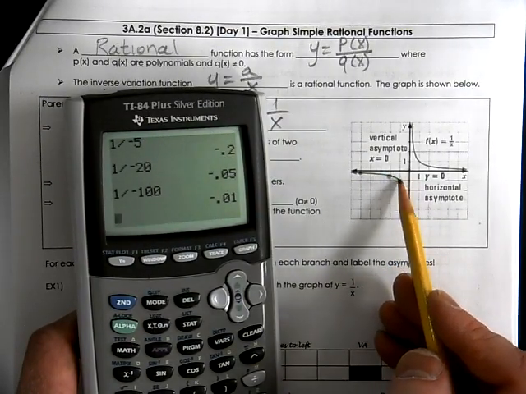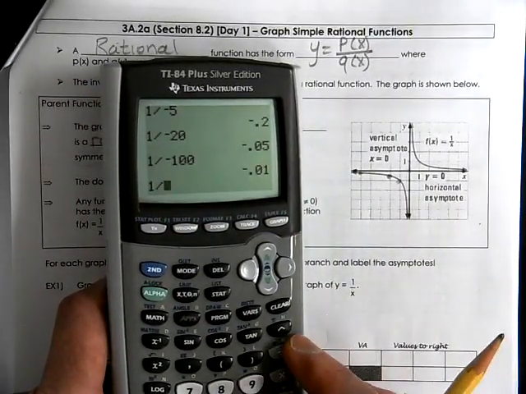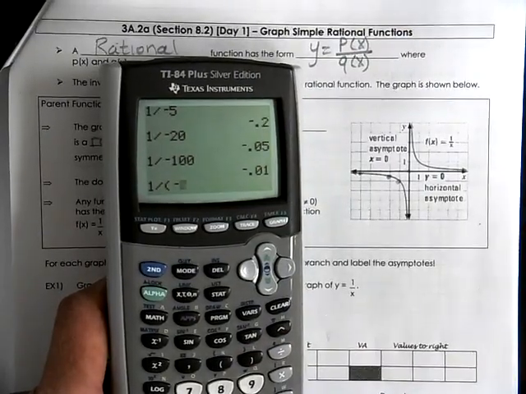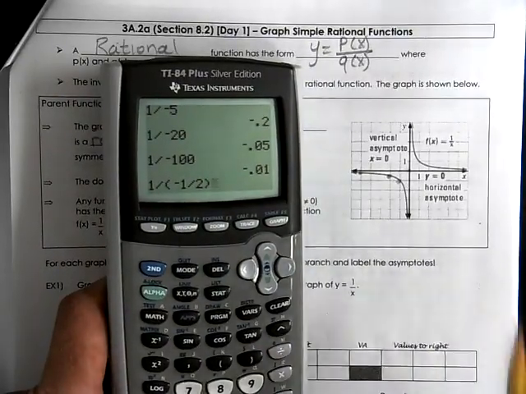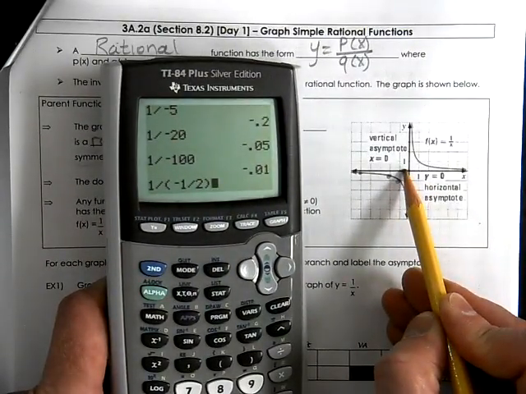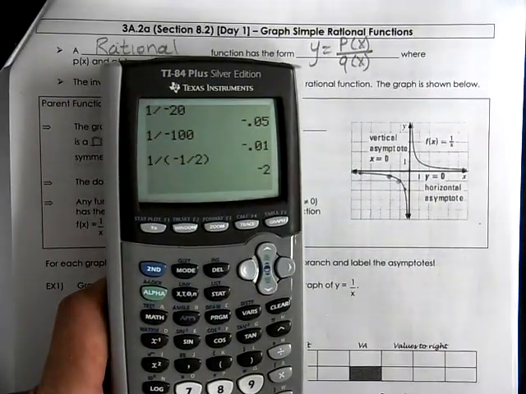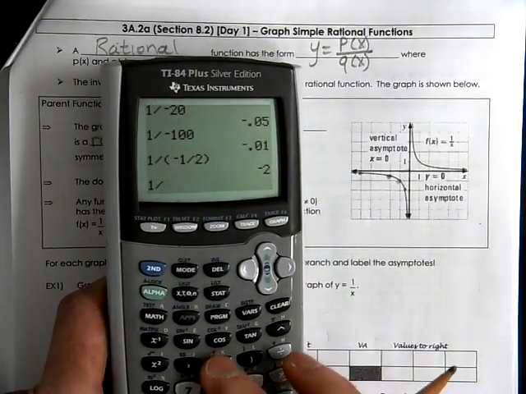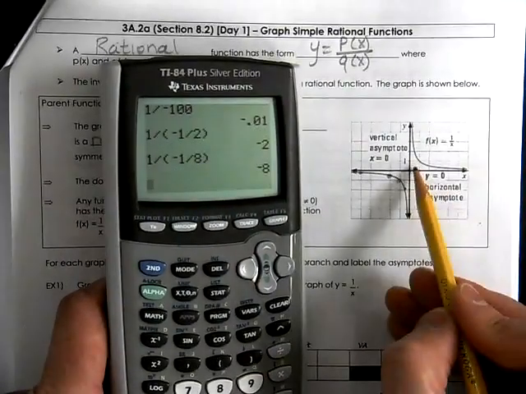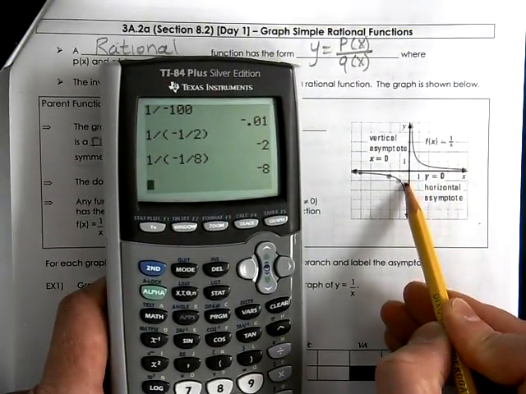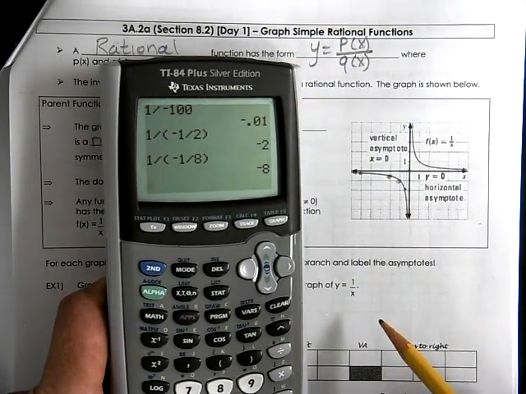Now, what happens when x gets bigger and bigger? What happens when we say 1 divided by negative 1/2? What if we're only at the halfway location? We're going to be at negative 2. 1 divided by negative 1/8 is going to be way down here at negative 8.